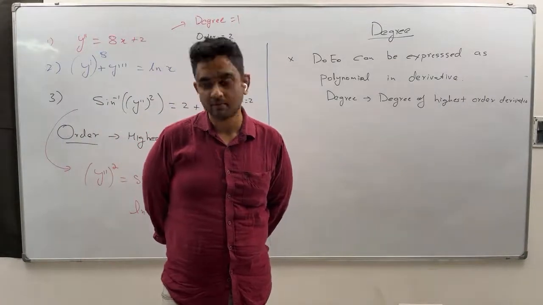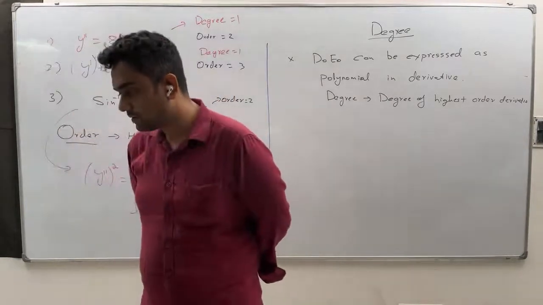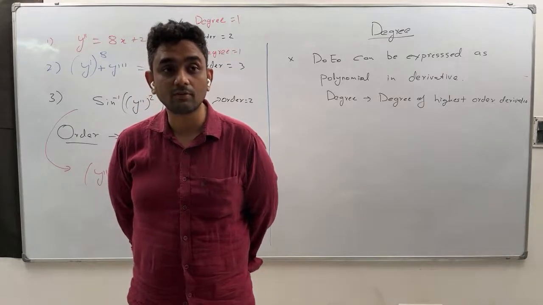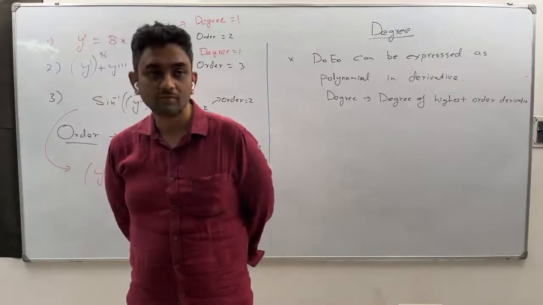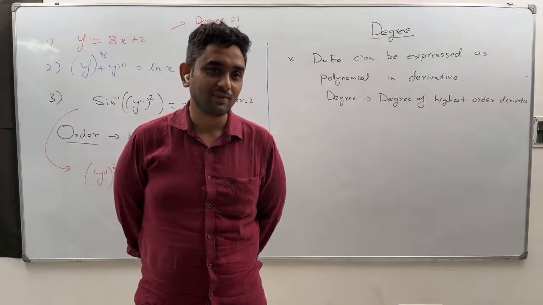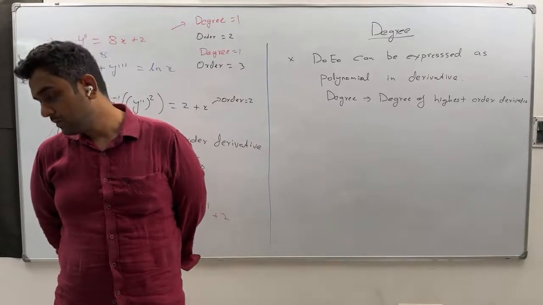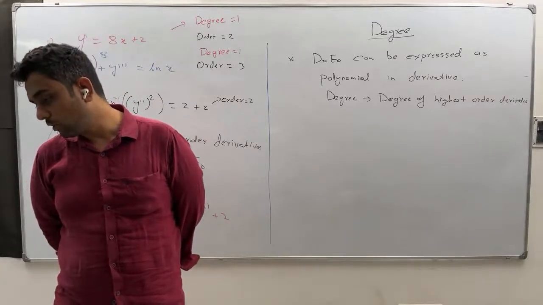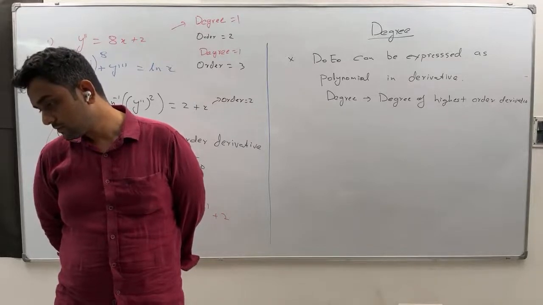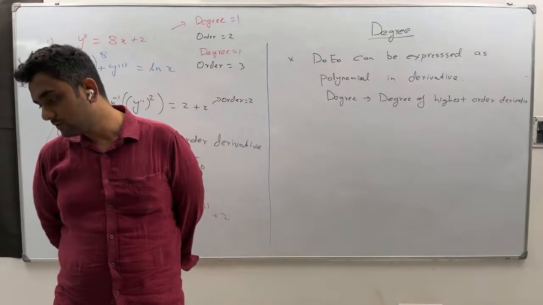Prichin, third one, degree. 1. Order is 2, degree is 1. Murugasan, fourth one, order. 2.